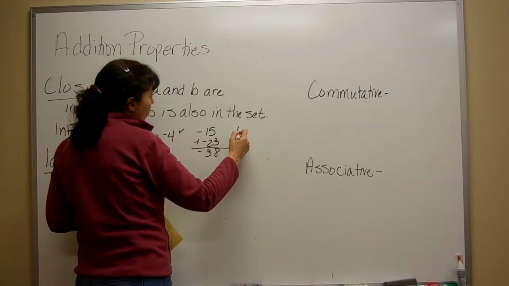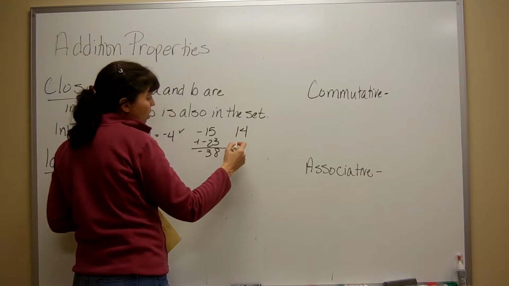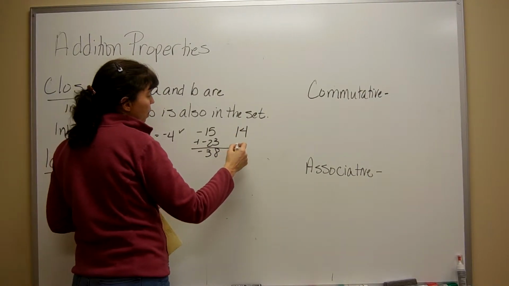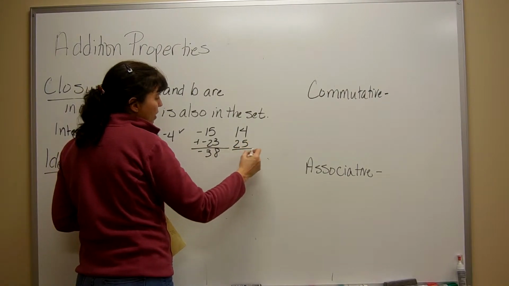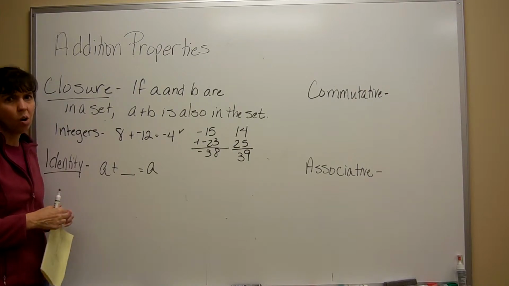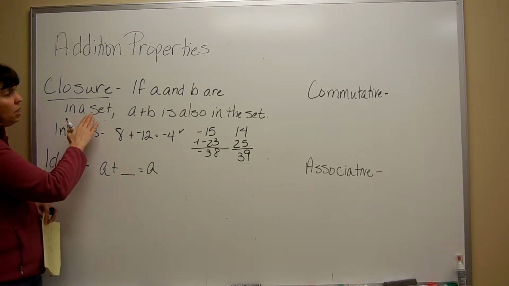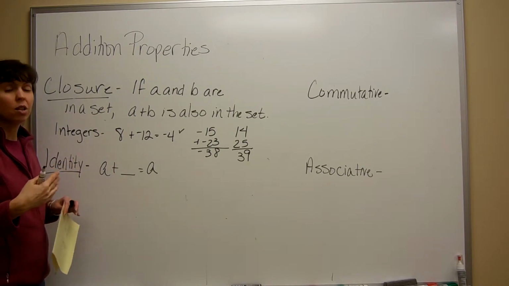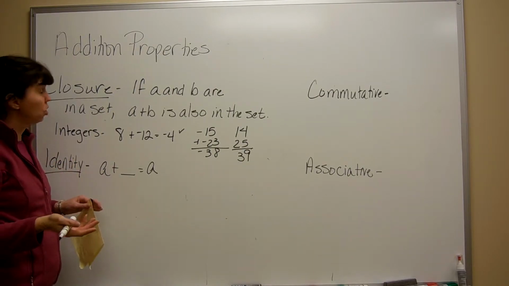Can I take two integer values, no fractions, no decimals, and when I add them, get a fraction or a decimal? I'm thinking no. So addition is closed under integers. That's the way we say it. It's closed under the set of integers.